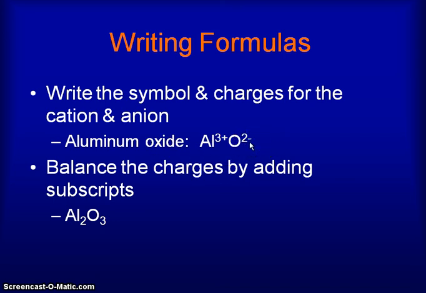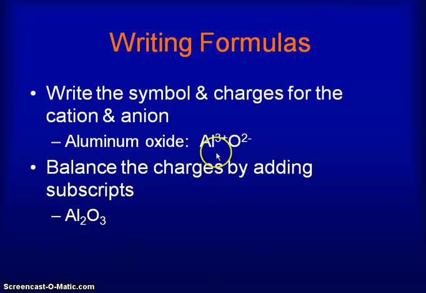So we need to balance those charges by putting subscripts in. If Al is 3+ and oxygen is 2-, the least common multiple between those is 6. If I'm going to get 6+, that means I need 2 aluminums. And if I'm going to get 6-, that means I need 3 oxygens. So my formula is going to be Al2O3, and that will neutralize my positive and negative charges.